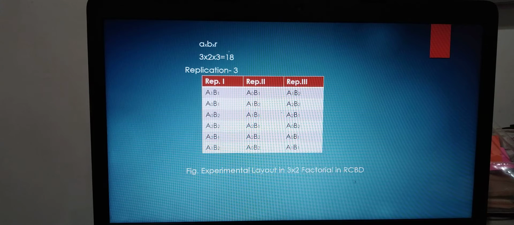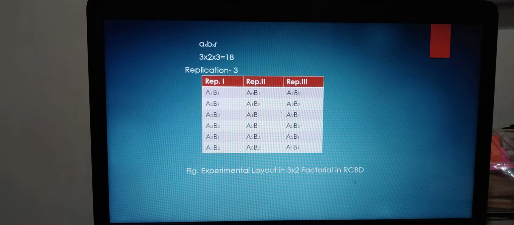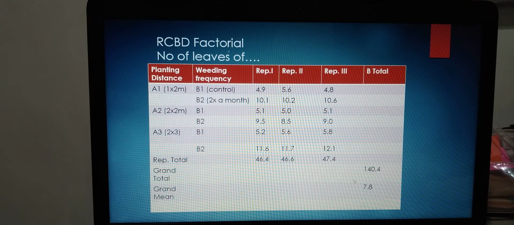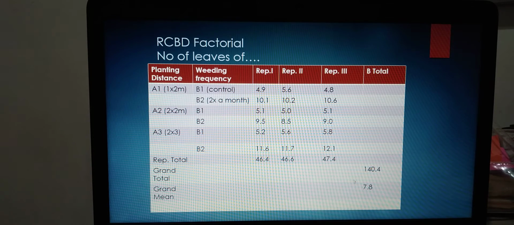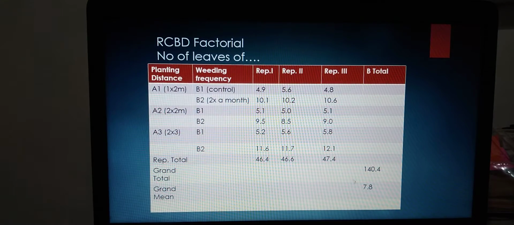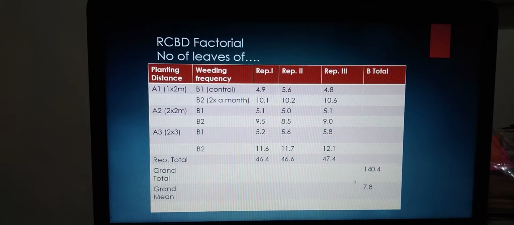So this figure is our experimental layout in a 3 by 2 factorial in RCBD. So supposedly these are the data that we gathered on our number of leaves, with our planting distance, weeding frequency, replication 1, replication 2, replication 3, and B total, with the replication total below and grand total and our grand mean.